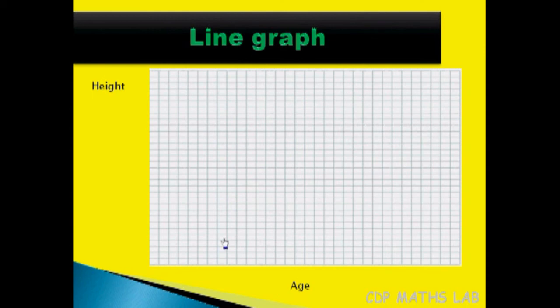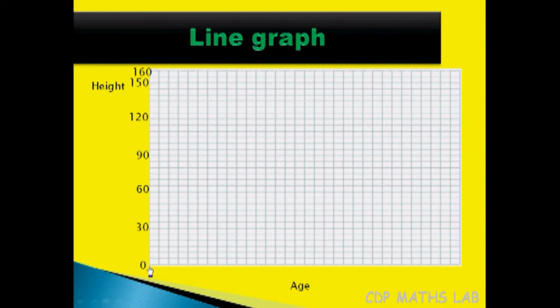So now we're going to number our graph. So we have 0, 30, 60, 90, 120, 150, and 160.